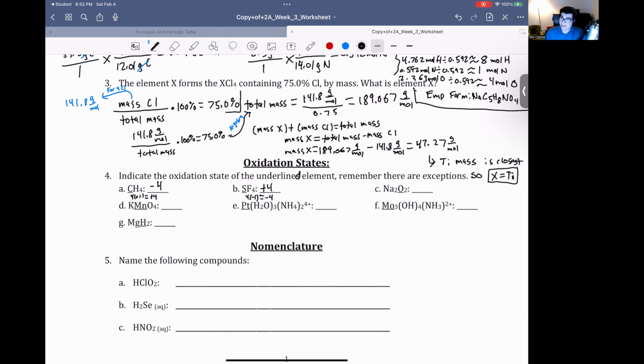Sodium oxide. So sodium is always a +1. For your alkali metals, hydrogen is a non-metal, for your alkali metals and your alkaline earth metals, those are always going to be +1 or +2. You'll never see those as like a -3 or anything else.